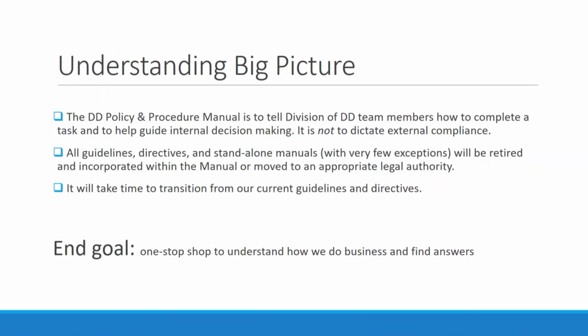But when we start stepping out and dictating what other folks are supposed to be doing, our contractors or other individuals that we work with, we really need to think about what legal authority is appropriate for dictating that external compliance. So that's why we're going to talk a little bit later about legal authorities and where some things are better housed than in a policy or procedure manual.